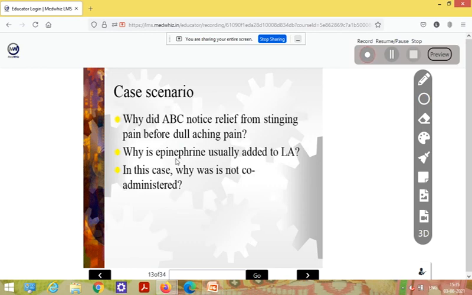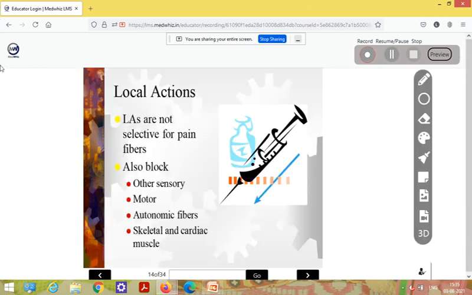Second point is, why is epinephrine usually added to local anesthetic, and in this case, why was it not co-administered? So over the next few minutes, we are going to look into these three questions and try to find solutions.